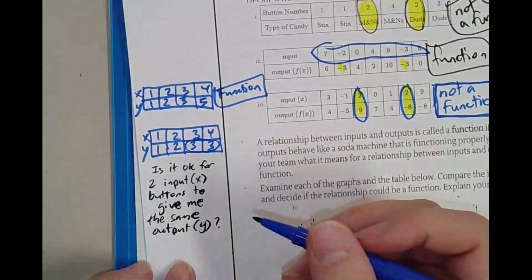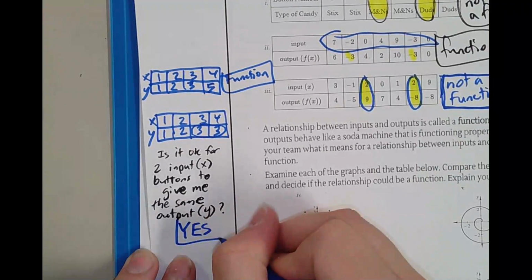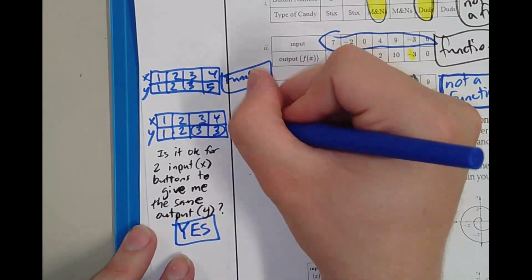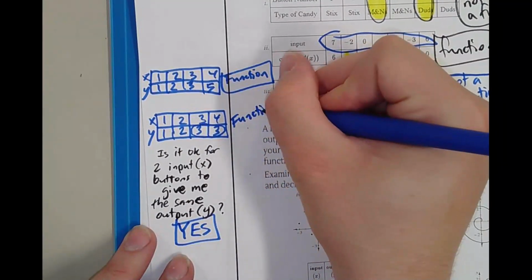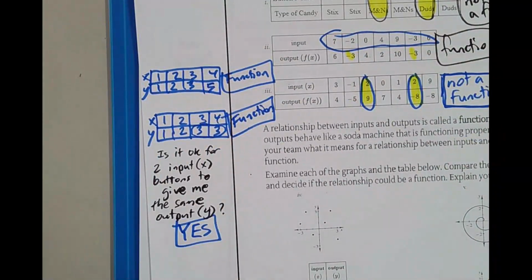The answer is a resounding yes. So this right here is a function. That means every button's gonna give you something.